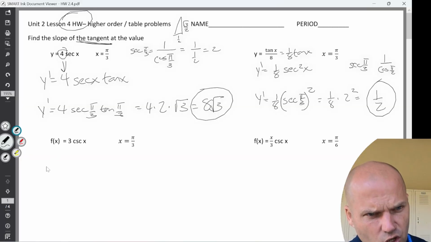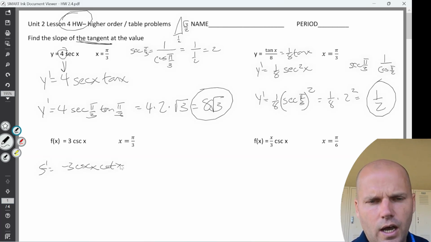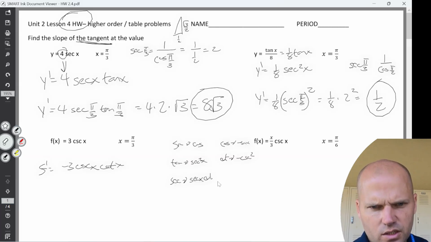Cool. Cosecant slopes are negative cosecant cotangent. These are just things you have to remember. From your notes, we talked about sine going with cosine, tangent going with cotangent, and secant going with cosecant, secant tangent.